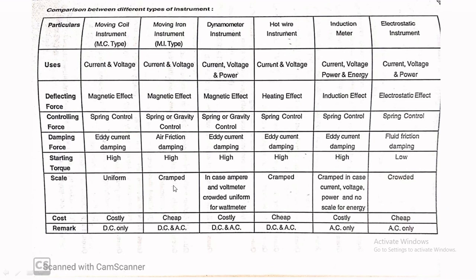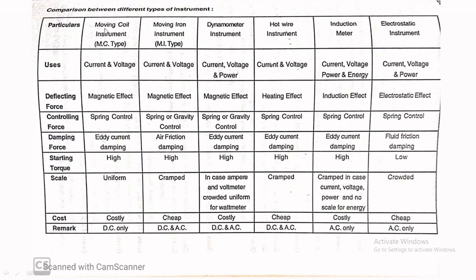Moving iron instrument, the scale should be non-uniform, that is cramped. In dynamometer, in case of ammeter and voltmeter, it should be crowded, uniform for wattmeter. In hot wire, it should be non-uniform. In induction type, cramped in case of current and voltage, and no scale for energy meter. In electrostatic, it should be non-uniform.